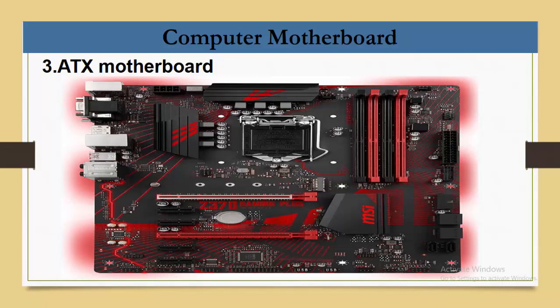An ATX motherboard packs in tons of features with a lot of upgradability that is enough for several years, depending on the user's needs. More ports and slots are available as compared to mini ATX and Micro ATX, but it costs more than the two form factors mentioned above.